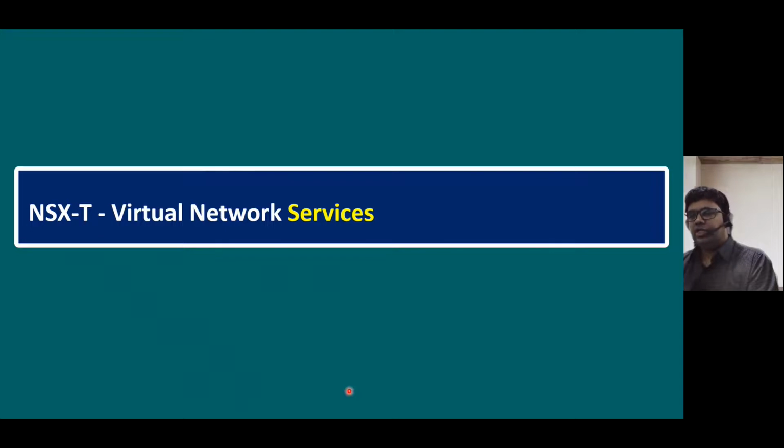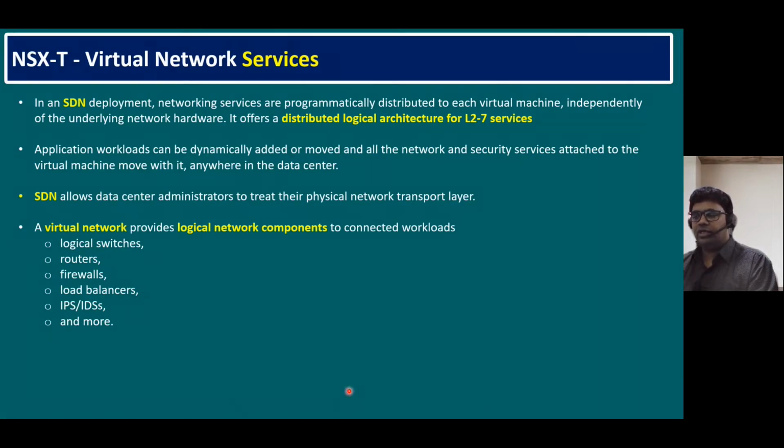In the same way, you can install NSX-T on an ESX virtual machine, on KVM, or as bare metal. When we install NSX-T, it will provide virtual network services, just like our virtual machine provides vCPU, vdisk, vmemory and vNIC. NSX-T also provides virtual devices: logical switch, logical router, firewall, and load balancer.